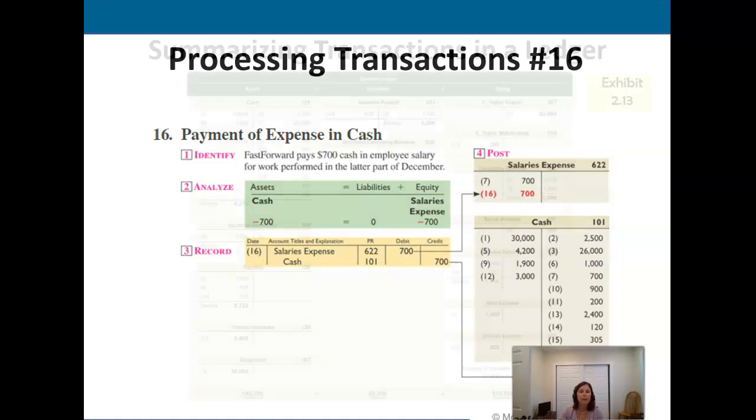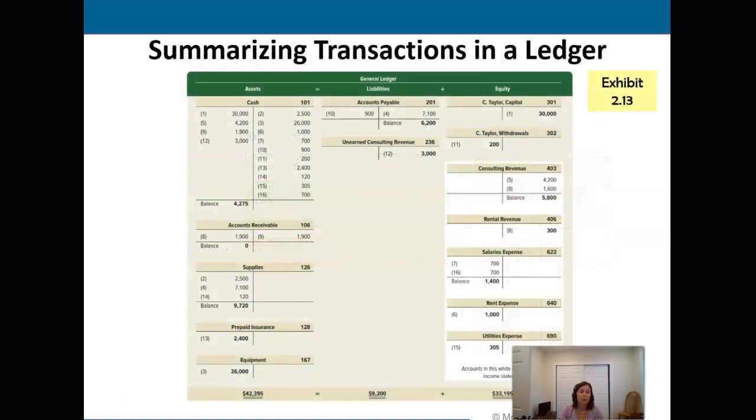Now, it may be useful at this point, or maybe not, to go back to Chapter 1 slides, because this is at the point we were at Chapter 1 where we had listed all of these transactions out. This is just like that, except now we're showing them in ledger form. So these are all the entries that we just recorded, and now they show up in their individual accounts.